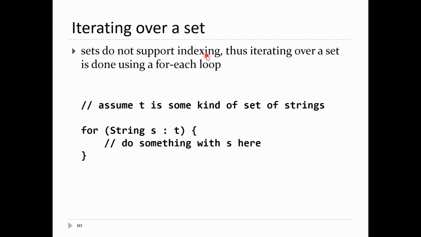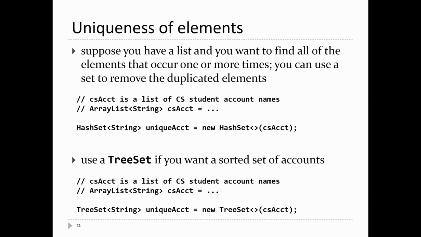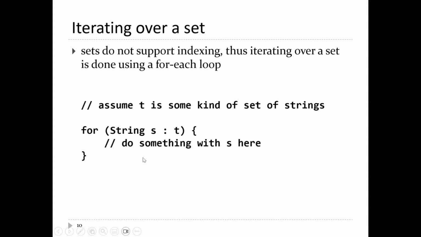If you want to iterate over the set, though, you can just use a for each loop. You can't use a counting style loop, because the index isn't used by the set. There is no indexing in a set. So typically, you use either a for each loop, or you use something called an iterator, and we'll talk about iterators later in the course.